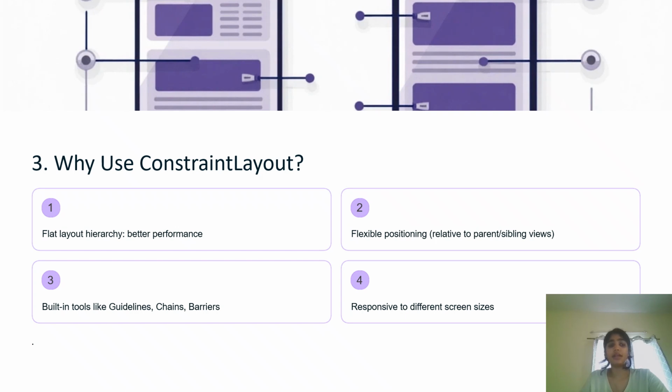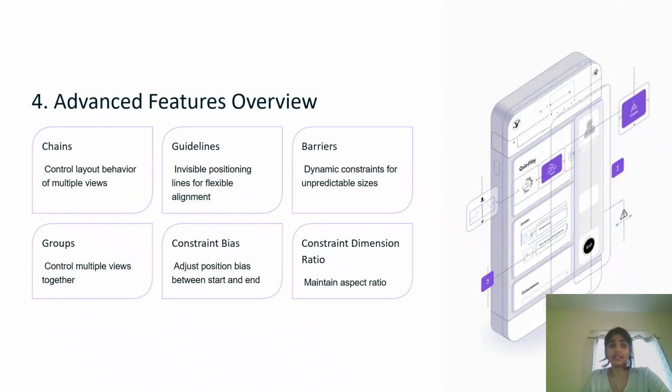Adaptive layouts automatically adjust to various screen sizes and orientations. As we mentioned, flat layout hierarchy is used for better performance and also reduces nested layouts, and flexible positioning using built-in tools like guidelines, chains, and barriers, and it can be used for different screen sizes. Now we are going to see advanced features.